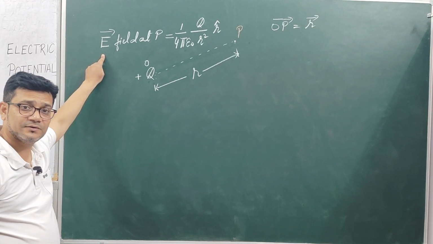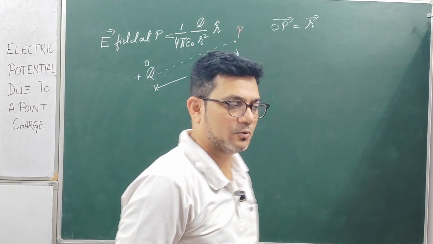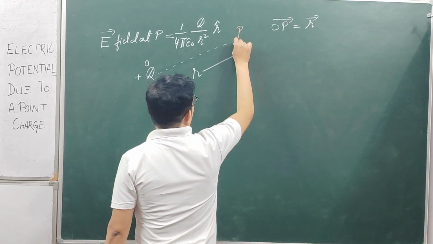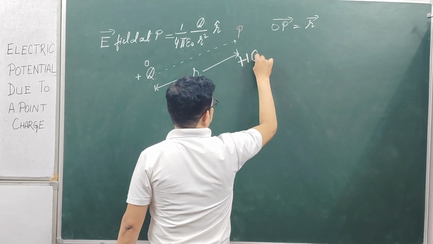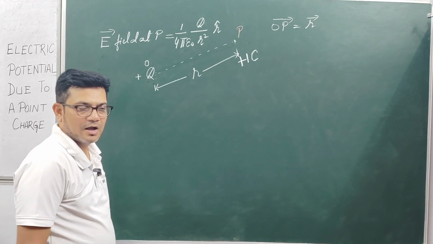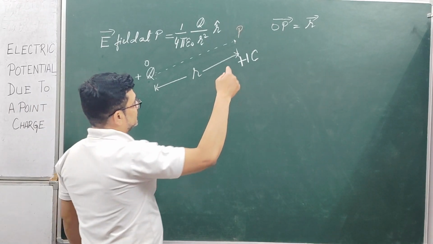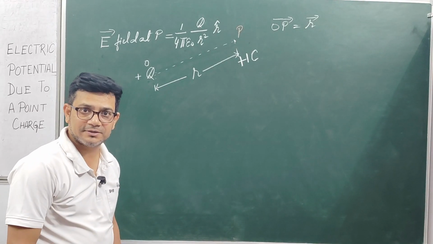Now recall the definition. The definition of electric potential was, what is that work done in bringing a unit positive charge? So suppose I take a unit positive charge, 1 coulomb. A unit positive charge from infinity to this point is the definition of electric potential.